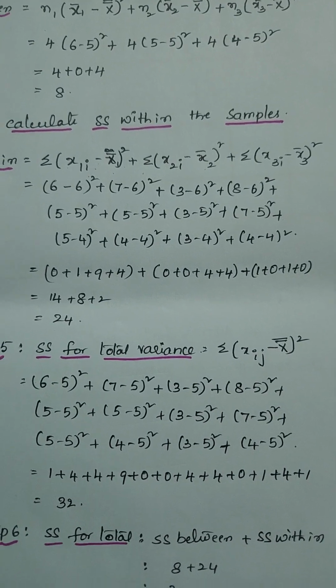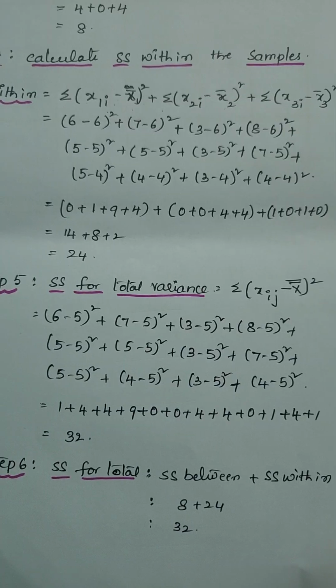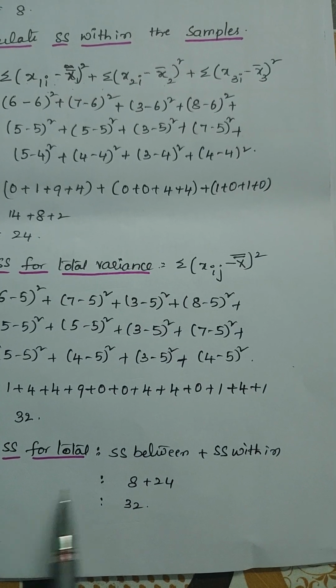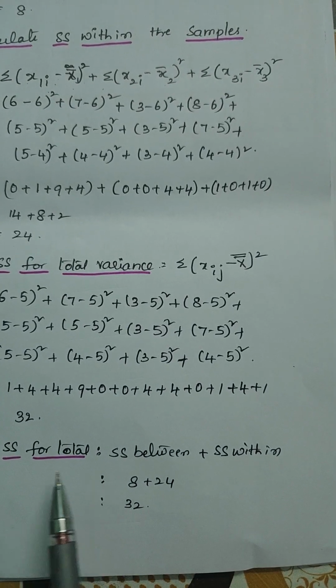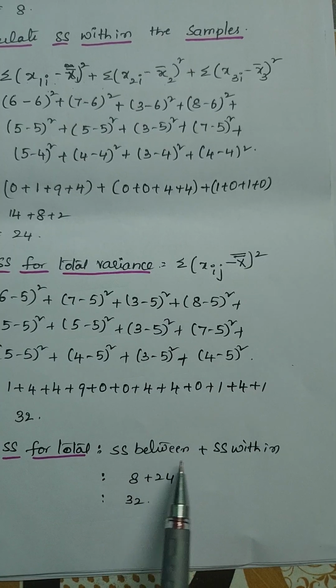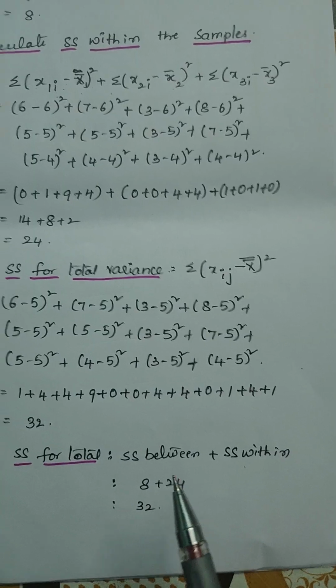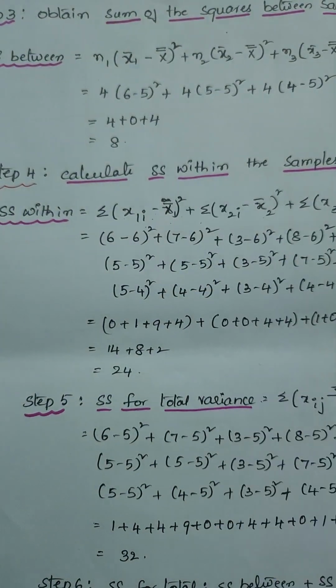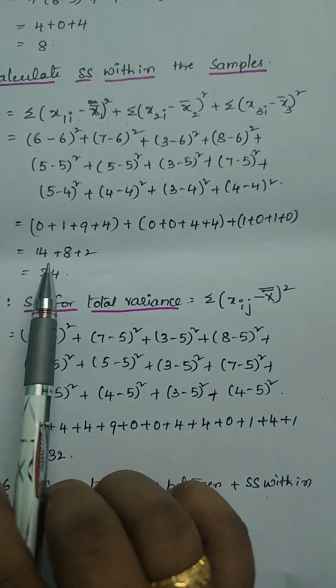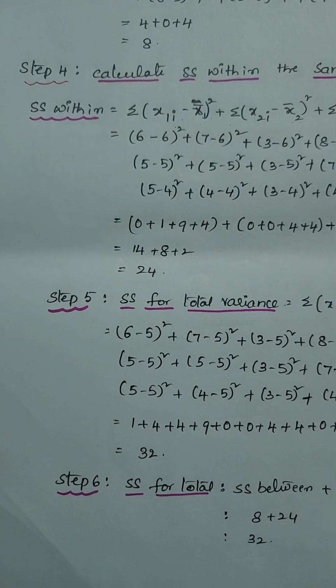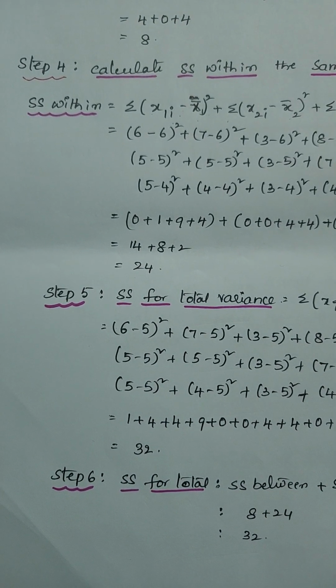It is 32. Now in step 6, SS total is SS between plus SS within. SS between is 8, SS within is 24. So it is 8 plus 24, 32.